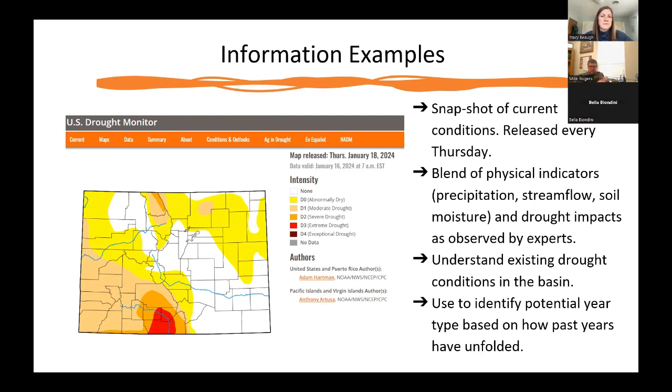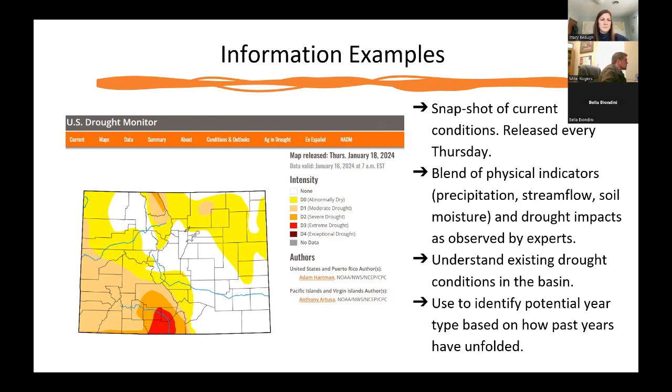They use a blend of physical indicators in their computer models. They're monitoring precipitation, streamflow, soil moisture. And then they also have meetings with drought experts throughout the country, and that helps them discern the impacts of drought.